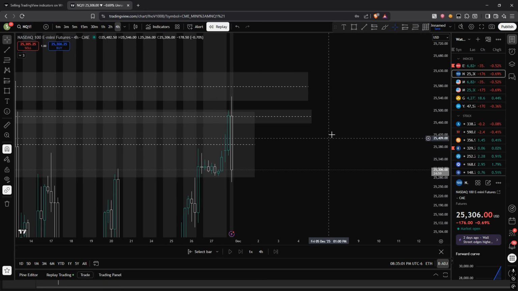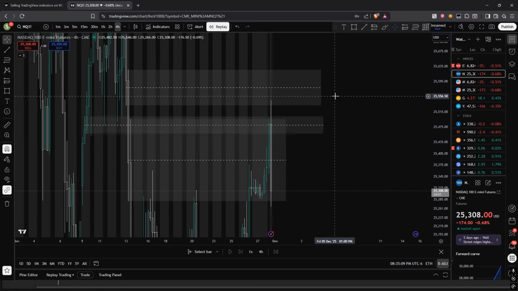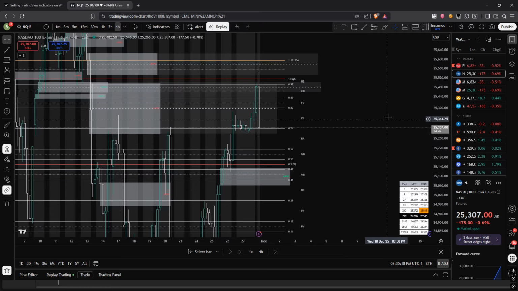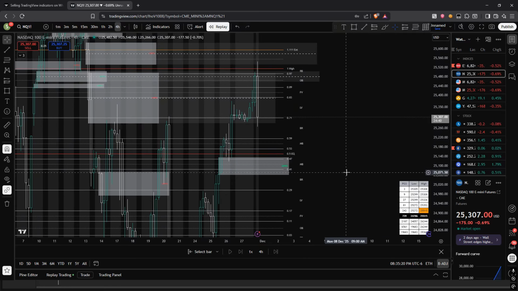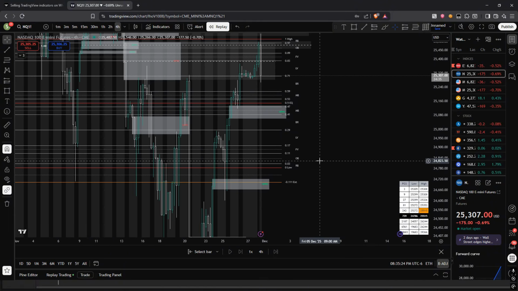This is why I like trading Goldback for the most part, because it's easy to read, and I can see why price rejected and why price pumped, right? So you can see why.